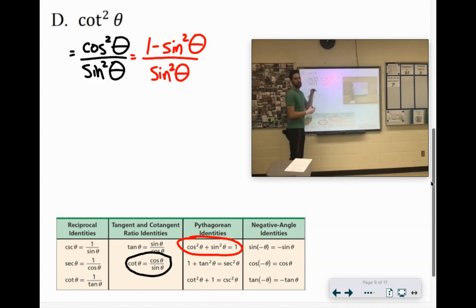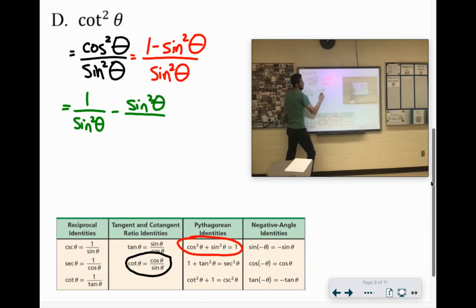Now again, we can't even cancel these out because it's not a full product, but we can split the fraction again. So we can make this 1 over sine squared theta minus sine squared theta over sine squared theta.